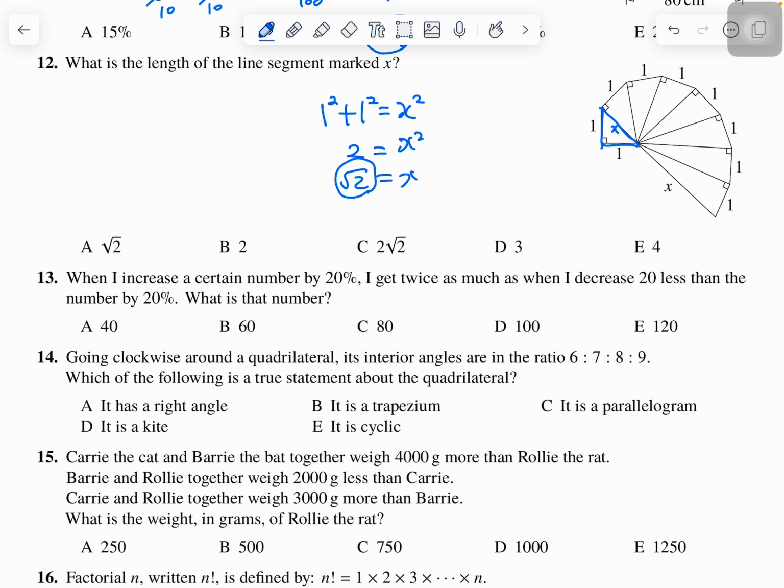So maybe some of you may know square root of 2 is like 1.414 or something like that. So 1.414 times 1.414 makes it almost 2. So x is the square root of 2. So let's find this one. The square of square root of 2 is 2.